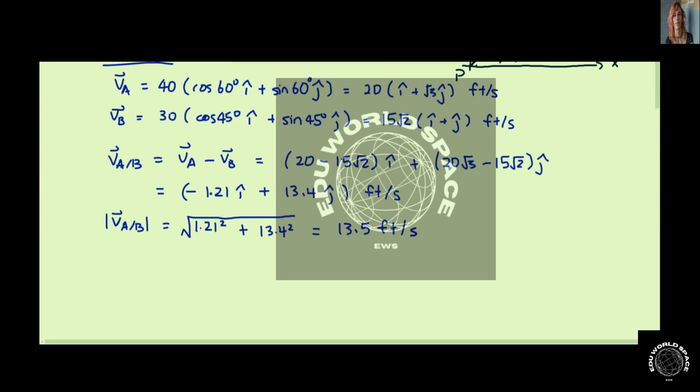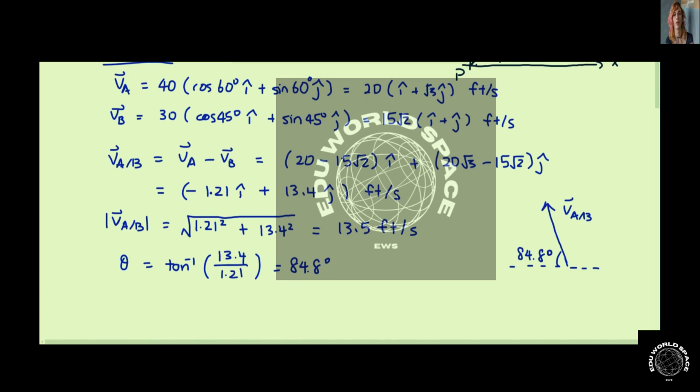The direction is the arctangent of the y component divided by the x component. You calculate this and get 84.8 degrees. This is how the direction looks. So this is the velocity of A relative to B, and this angle is 84.8 degrees.